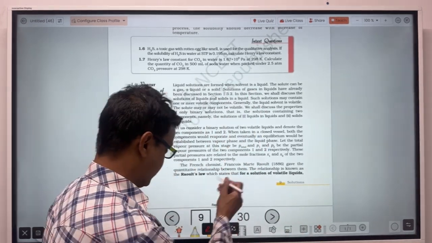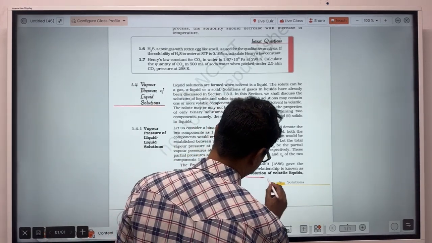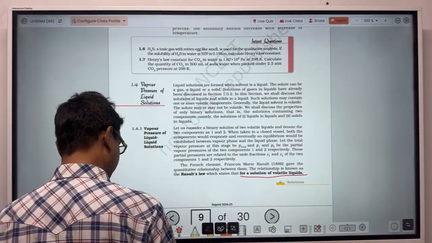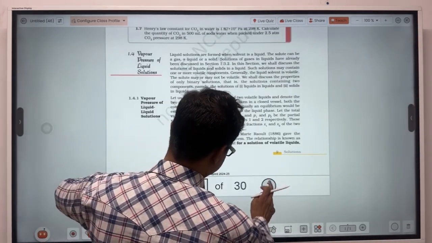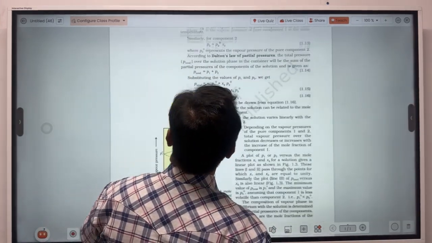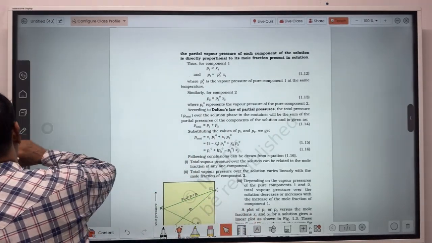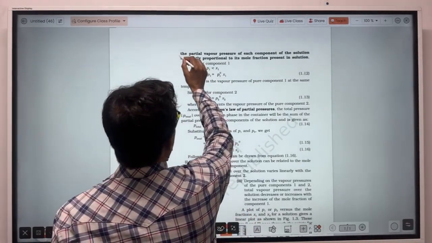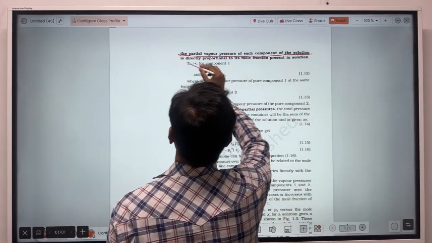So let's see here in the books where the definition has also been written. For a solution of volatile liquids, watch out for this one, which is in your NCERT book: the solubility of a liquid in a liquid is directly proportional to the vapor pressure of each component of the solution.